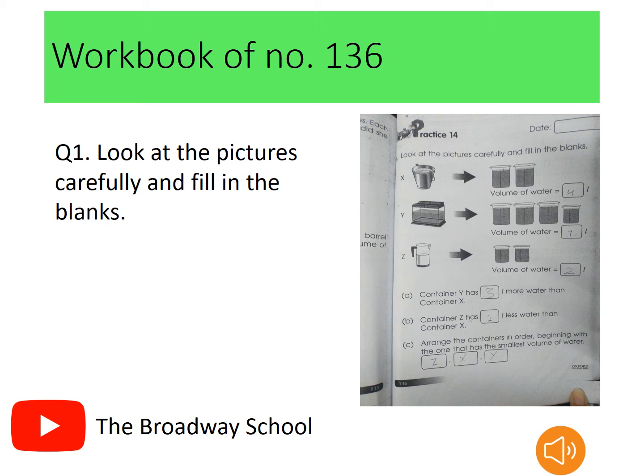Part C. Arrange the containers in order beginning with the one that has the smallest volume of water. So when we are going to start from the smallest one, first we will write Z, then in the next box we will write X, then in the next box we will write Y.